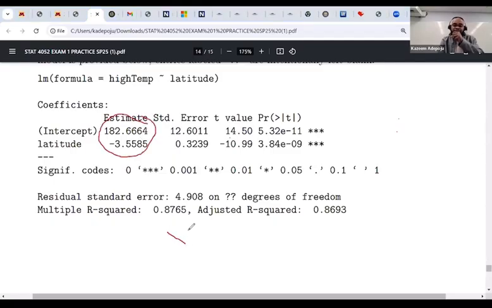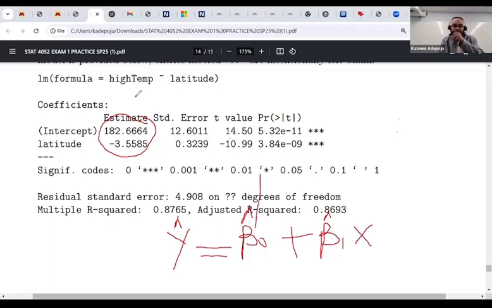The model is Y cap. Don't forget to put a cap. If you just write Y, you're not going to have a full point. Y cap equals beta naught cap, the intercept, plus beta 1 cap X. Right now my beta naught cap is 182.664.